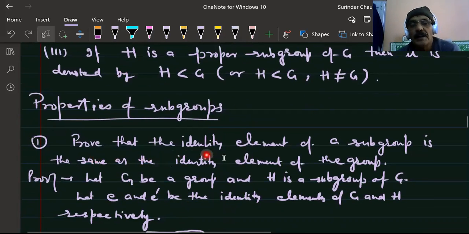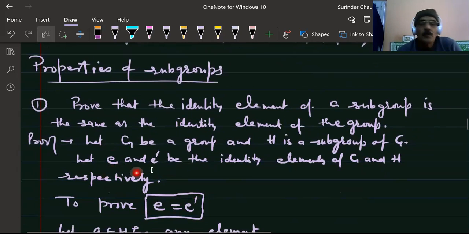Prove that the identity element of a subgroup is the same as the identity element of the group. We have proved in the properties of group that the identity element of a group is unique. So let G be a group, H a subgroup, and we are proving it by contradiction.